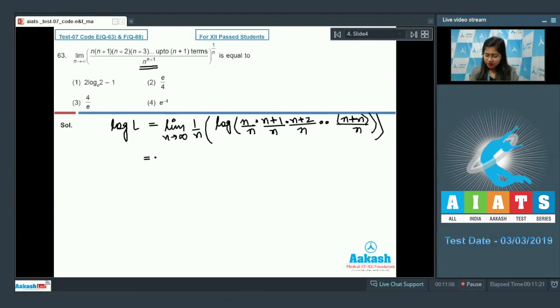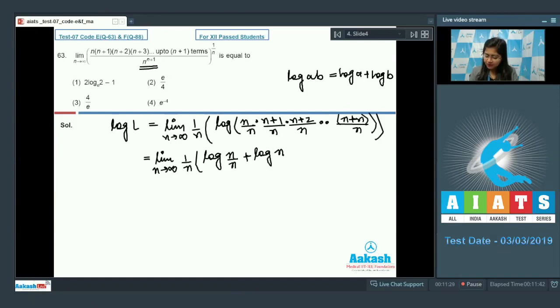Now we know that log of a into b is equal to log a plus log b. So the given term can be written as log of n upon n plus log of n plus 1 upon n and so on up till log of 2n upon n.